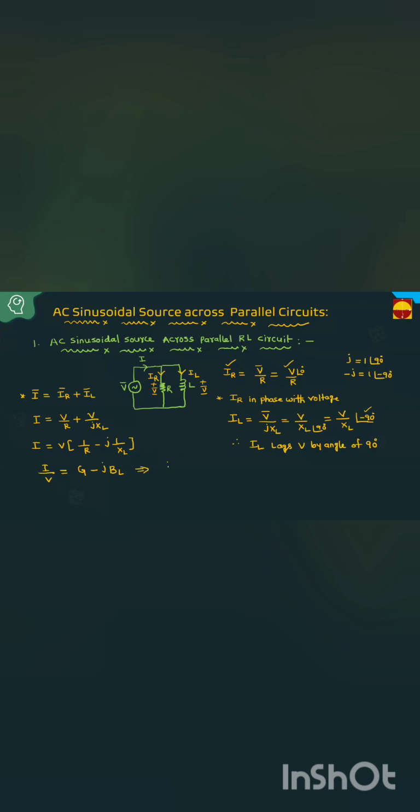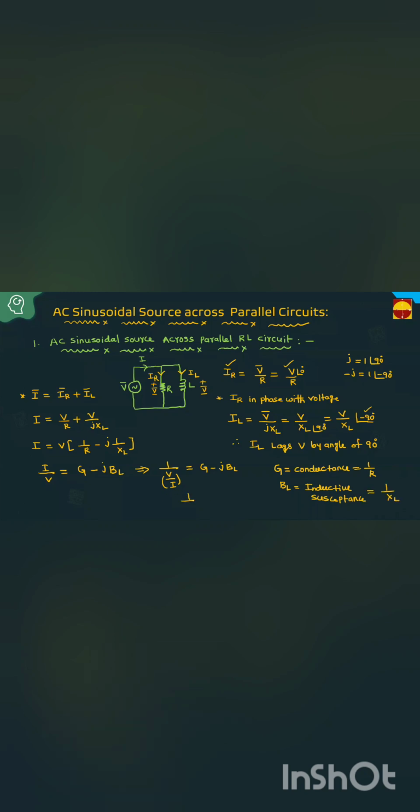Bring this I into the denominator of V, that is I by V is equal to G minus jBL. Where G is the conductance, that is 1 by resistance. BL is inductive susceptance, that is 1 by XL. What is V by I?